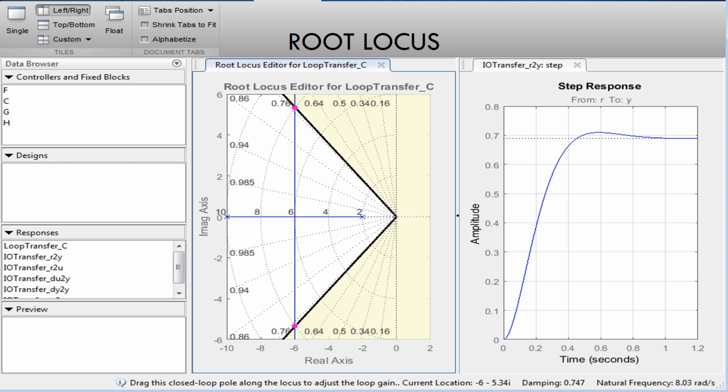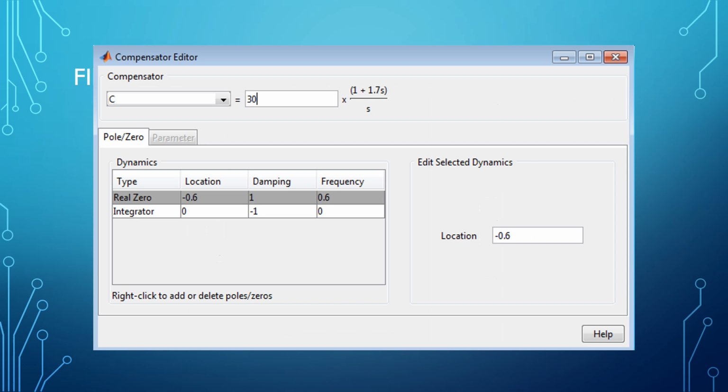These two multiplied together, and the negative of it equals where my 0 was located, and this is just shy of negative 0.6. If I have this 0 value, I can then go to my compensator and add the 0 plus the integrator. Also, I want to note that I changed my gain from right at 17 to 30 in order to speed the system up. That way the final value wouldn't take so long to reach.